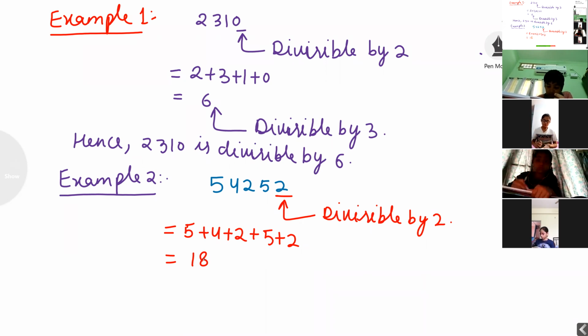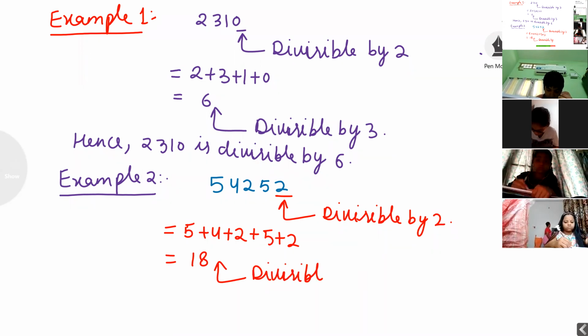Yes, this number is also divisible by 3. If this number is divisible by 2 and 3, then I can say this number is also divisible by 6. It means 54,252 is also divisible by 6.